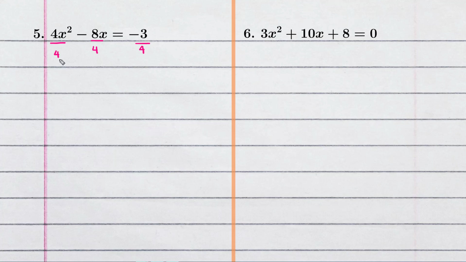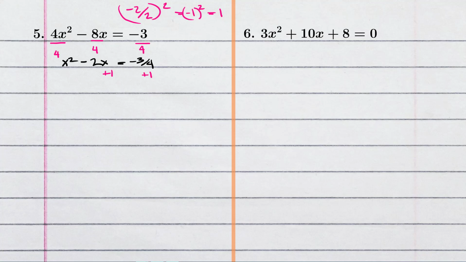And so I have x squared minus 2x is equal to negative 3/4. So now I'm going to take that negative 2, divide it by 2, and square it. So negative 1 squared is equal to 1. So that's what I'm adding to both sides.